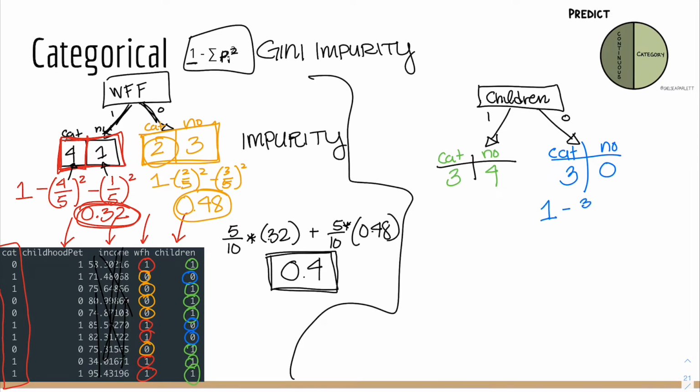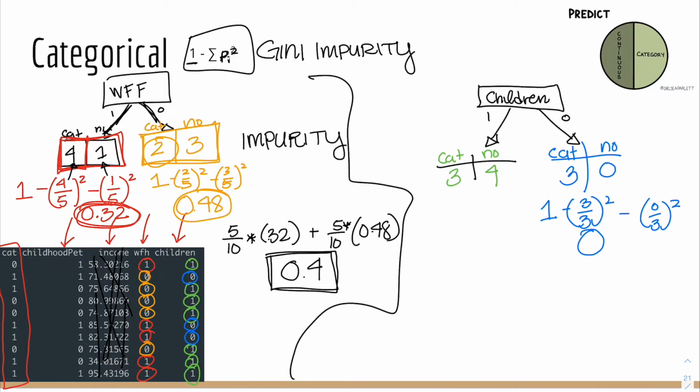So here that's 3 over 3 squared minus the probability of the other category, 0 over 3 squared. And you can see the math works out nicely here because we have a Gini impurity of 0. Now notice that a Gini impurity of 0 happens when a node has only one category in it. So in this node, people who do not have children, at least in this data set, there are only cat people in that node.